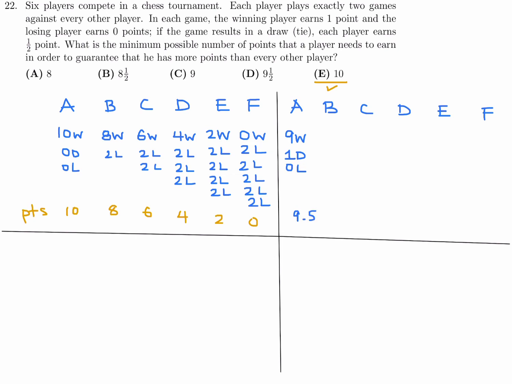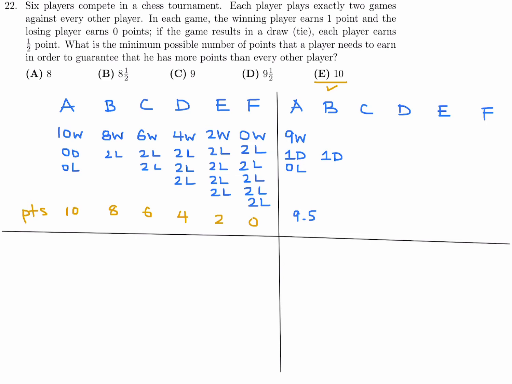So that would give you 9.5 points. Now we have to start thinking about all the other guys. Okay, well, if we distribute the draw to the very next player, because if he drew one game, then he had to tie with another. So that draw has to match with some other player. Let's just say it's with B. And then now let's proceed pretty much in a simple way.